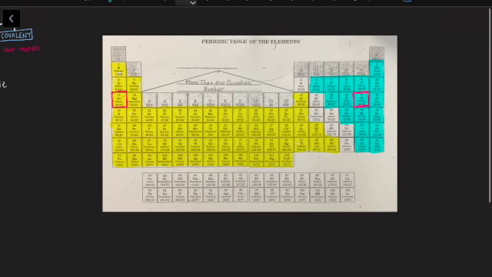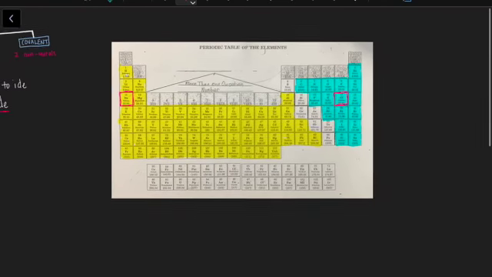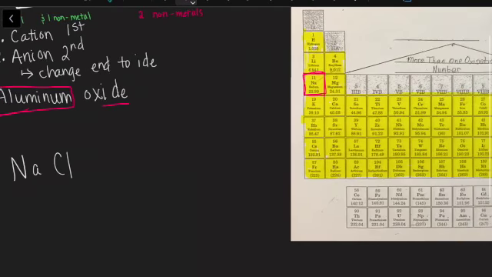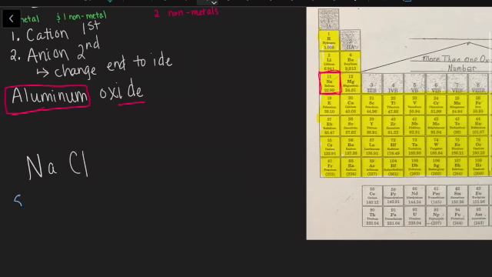There is a metal with a nonmetal, so I know that that is an ionic bond. So I'm going to write the cation first. So sodium. And then the anion second, and change the end to "ide." So it will be sodium chloride.